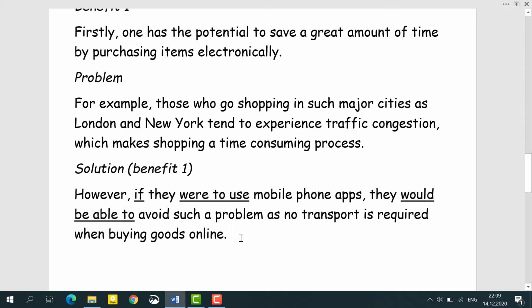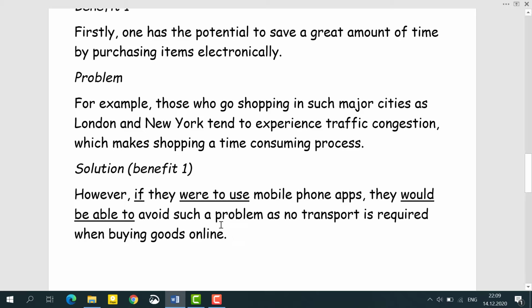This situation doesn't exist. It exists only in our mind. We're trying to imagine the situation, okay? Therefore, I'm using the second conditional here, and the examiner really likes those candidates that use the second conditional or the third conditional.